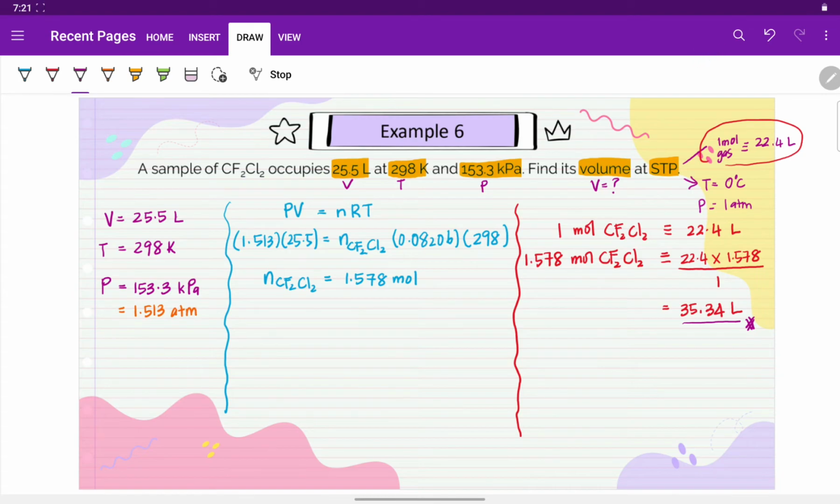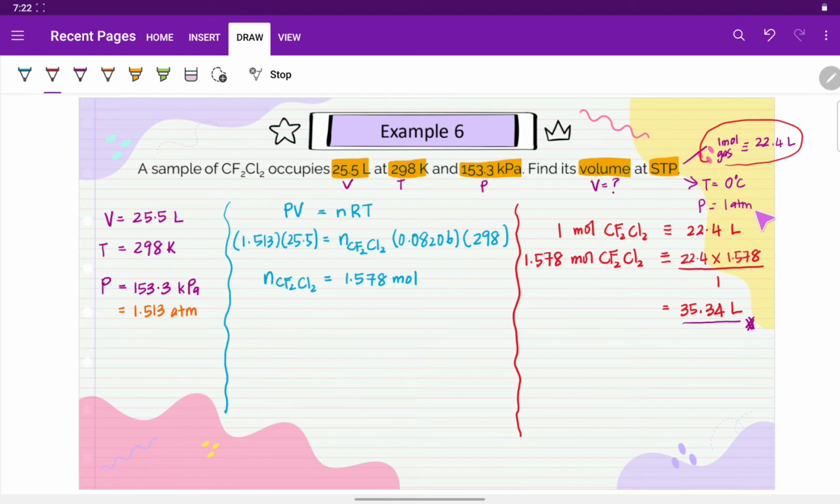Okay, satu lagi cara sebenarnya, alternative way for you to answer this question, selain daripada awak gunakan ideal gas equation, actually awak boleh je gunakan combined gas law. Okay, kenapa saya kata awak boleh guna combined gas law? Because dia akan ada perubahan volume, temperature dan pressure, whereas the number of mole is fixed.